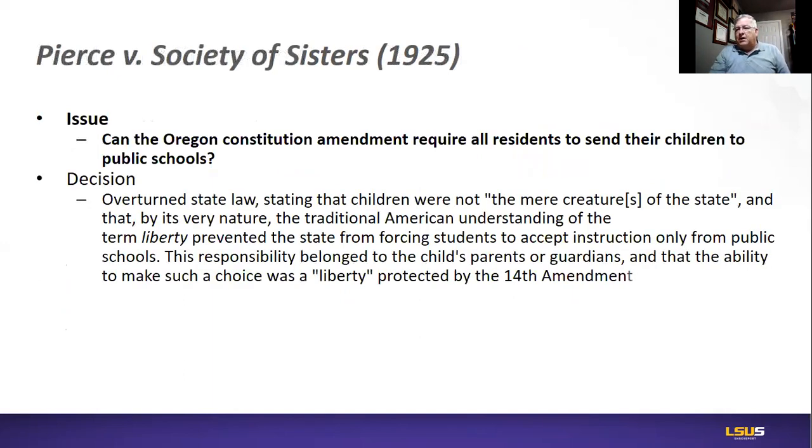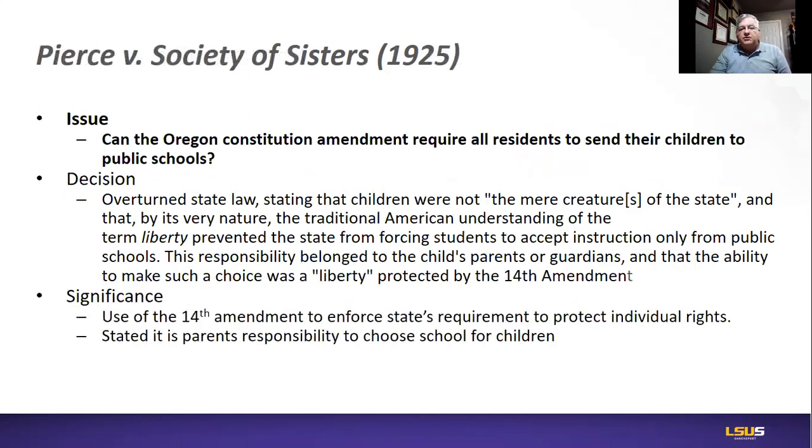That became a religious issue when there were parents in Oregon who felt that they should have the right to educate their children the way they wanted to. And so the Supreme Court met on this, and stated, as you can see, that the child's parents and guardians are the ones responsible for making the choice on how they're going to be educated.